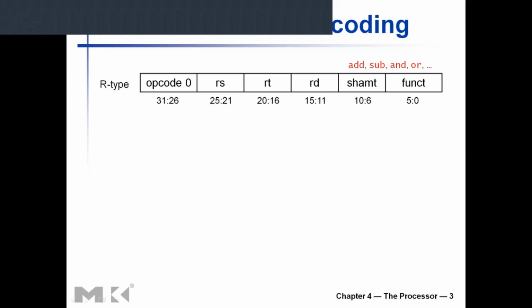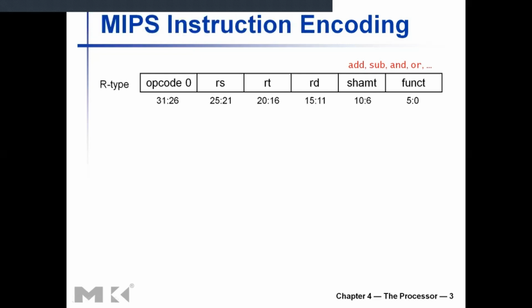So how many bits do you need to address these registers individually? 5 bits, right? 2 to the power 5. So you need 5 bits to address these registers.